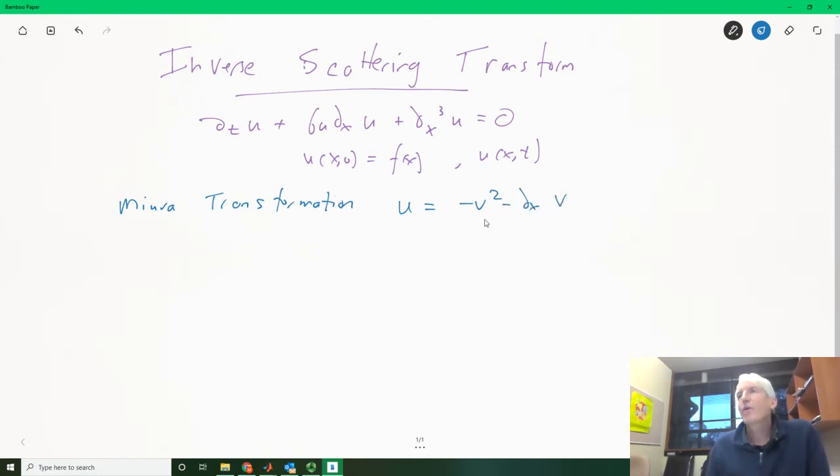It's another nonlinear equation for v given u. Now if we could solve that, and then we substitute it in, we end up getting the modified KdV, which I gave you before. I don't think I derived it, but you could pretty easily derive it yourself just by stepping through the process. You end up with this equation like that.